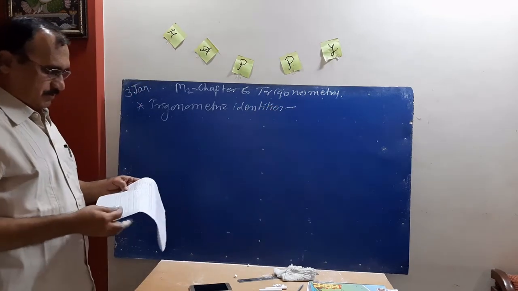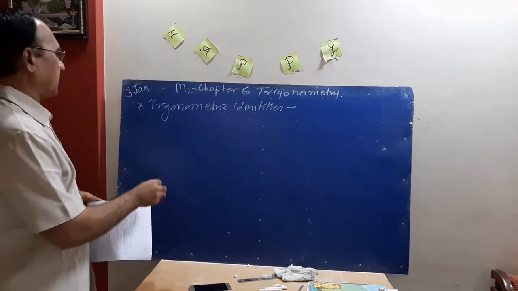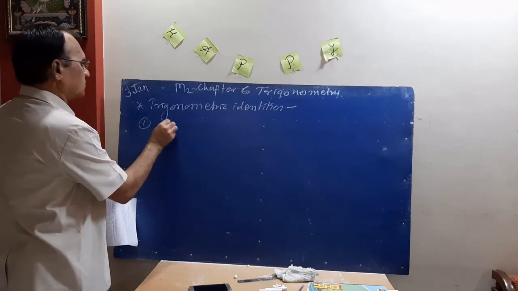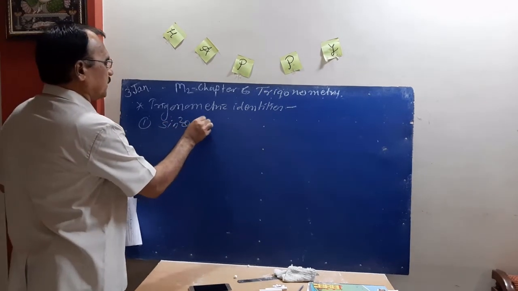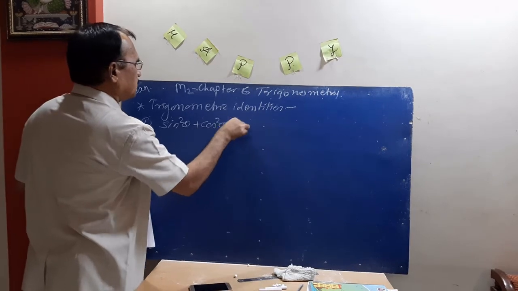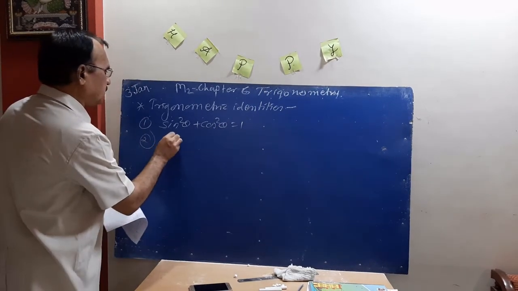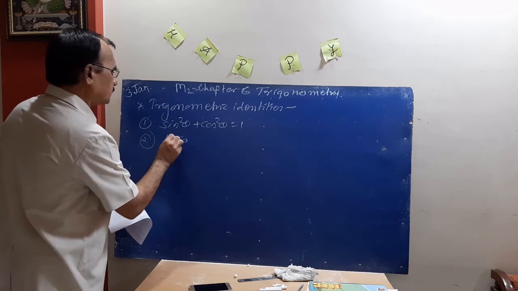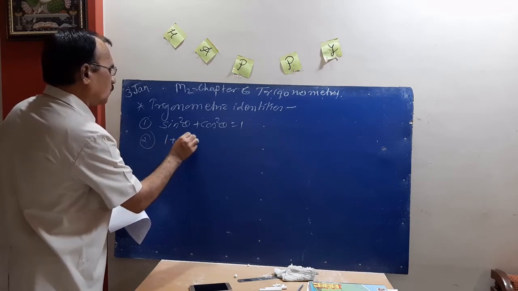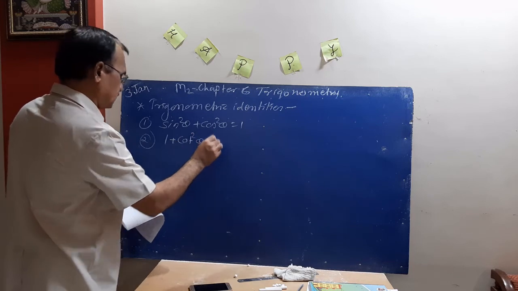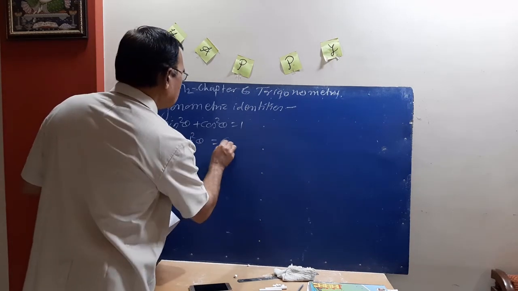And then trigonometric identities. There are 3 trigonometric identities. One is sin square theta plus cos square theta is equal to 1. Then 1 plus cot square theta is equal to cosec square theta.